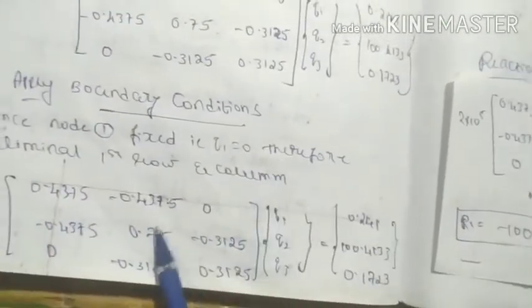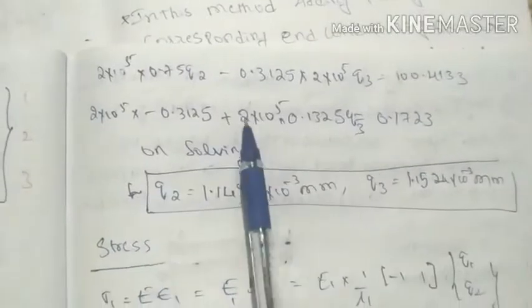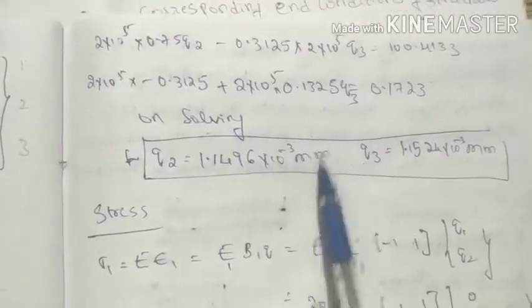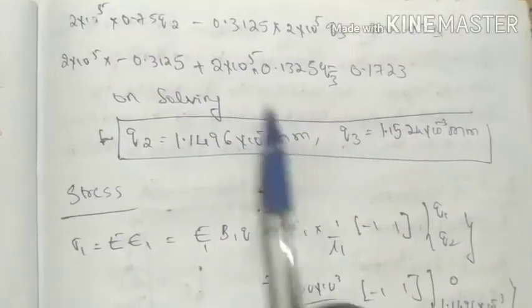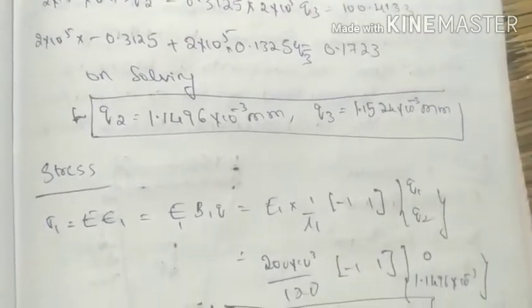Now the rest of the matrix is multiplied by 2 into 10 raised to 5. Now simplify this. I have shown the simplified step for this. You can do it directly in a calculator also. So Q2 is 1.1496 into 10 raised to minus 3 mm. Q3 is 1.1524 into 10 raised to minus 3 mm.